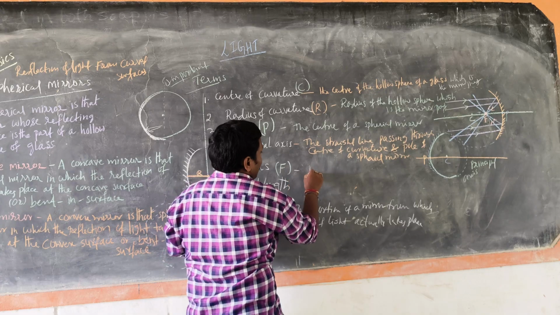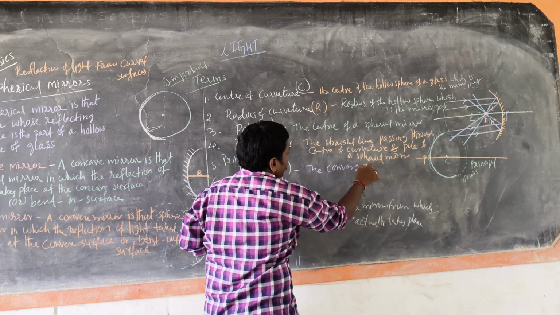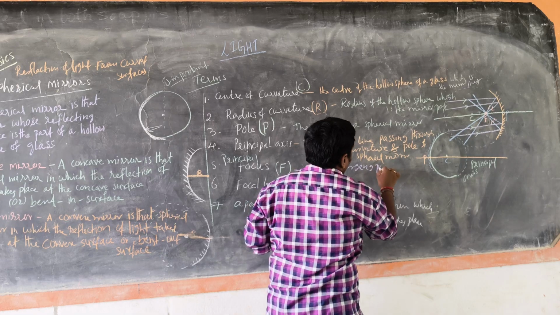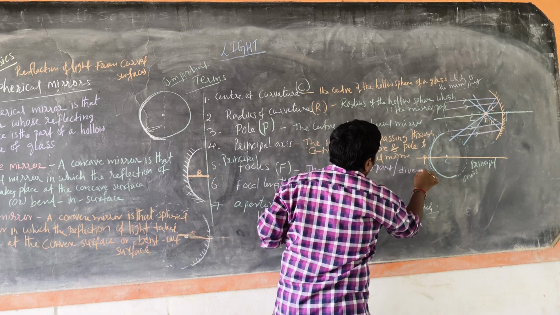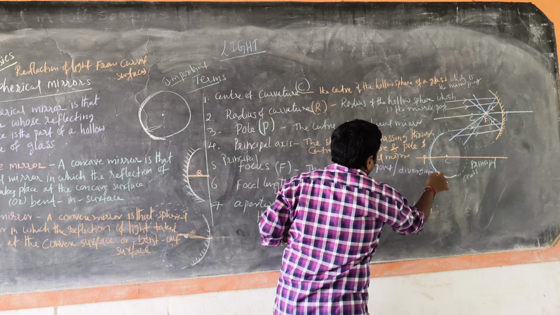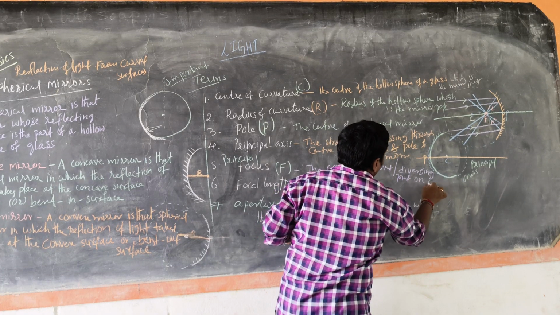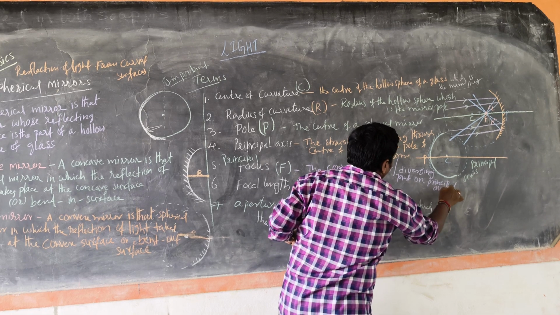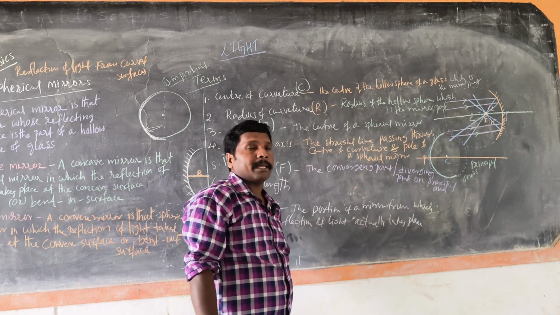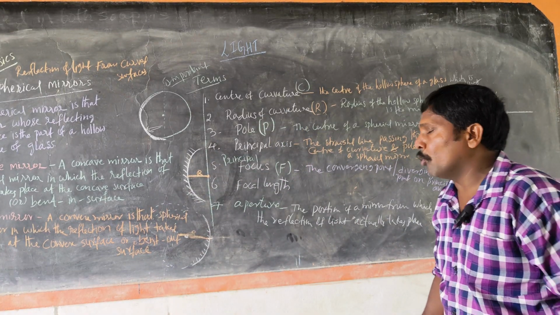So the converging or diverging point on the principal axis of a spherical mirror is called the principal focus.